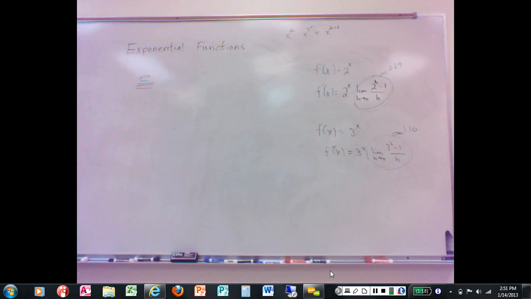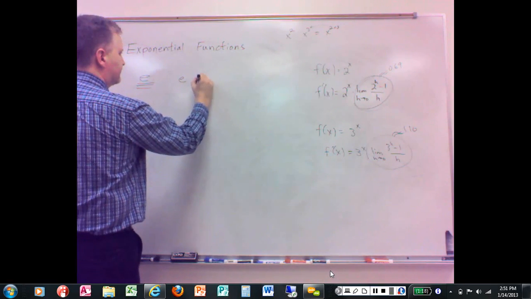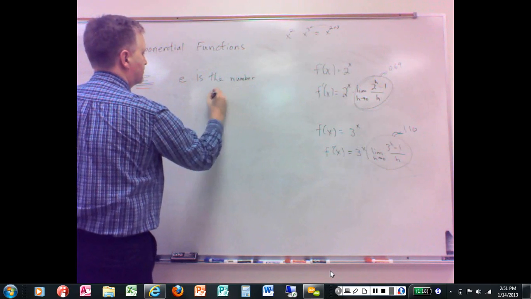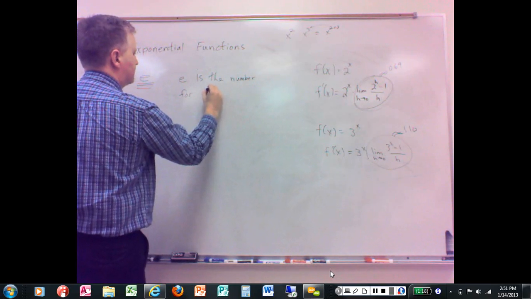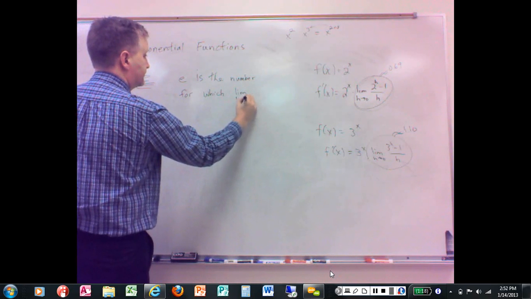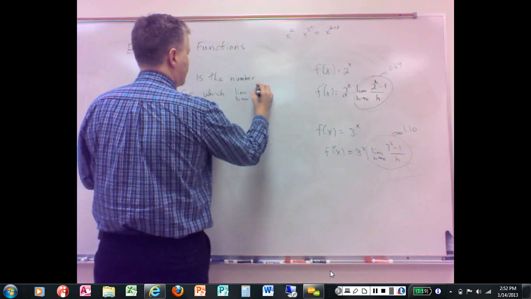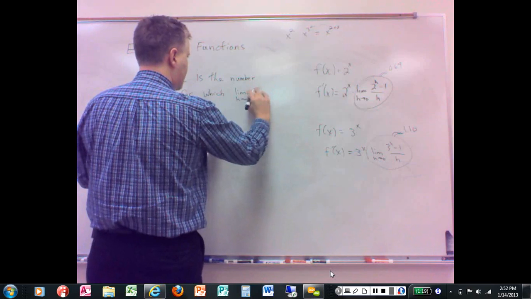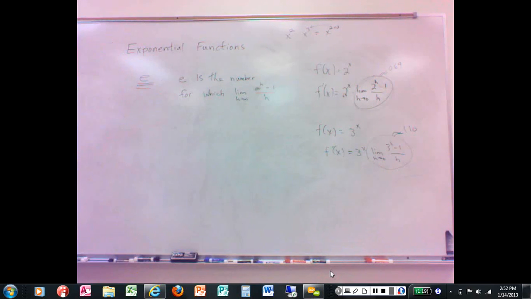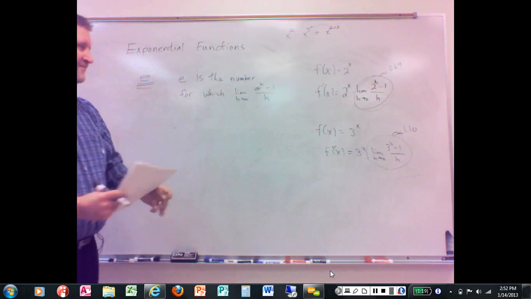Well, by definition, e is the number for which the limit as h approaches 0 of a to the h minus 1 over h equals 1.